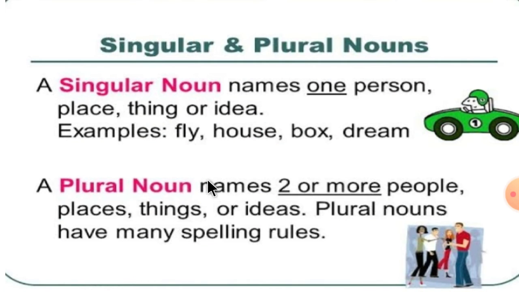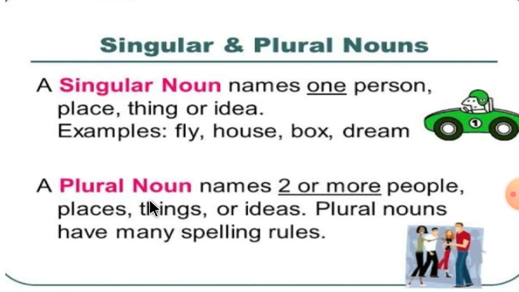Now let's see the definitions with examples. A singular noun names one person, place, thing or idea. For example, fly, house, box, dream. Next is plural noun.